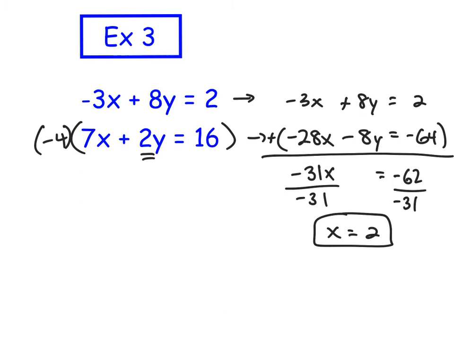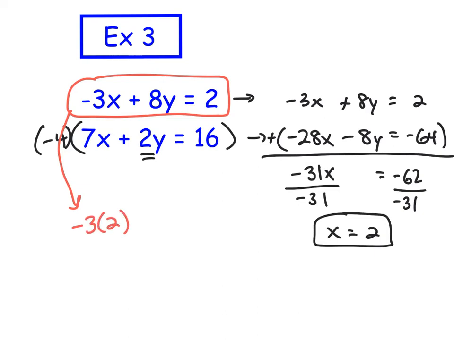And now I'm going to do the same. Just like we did before, I'm going to pick one of these two original equations. Maybe I'll take the first one here, and I'm going to rewrite it where I know x is 2. So it would be negative 3 times 2 plus 8y equals 2. Negative 3 times 2 is negative 6 plus 8y equals 2.